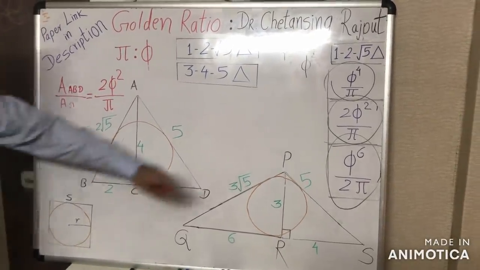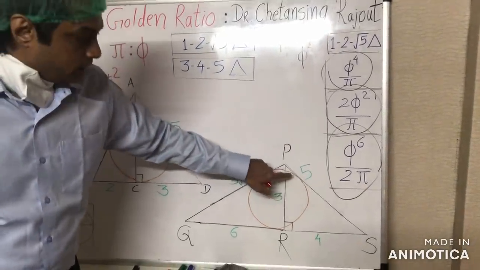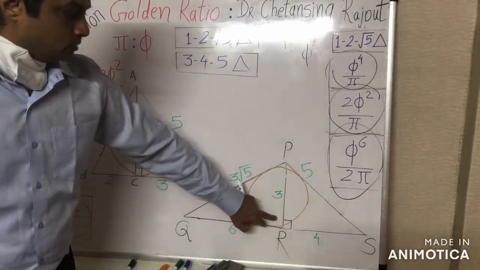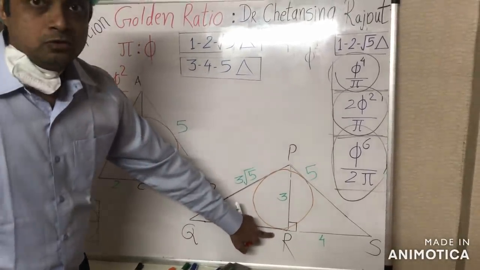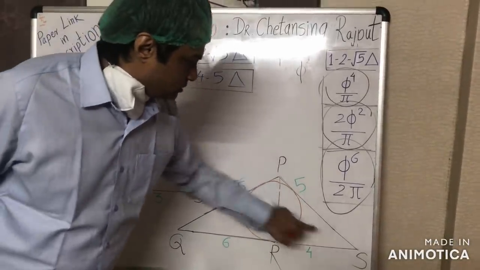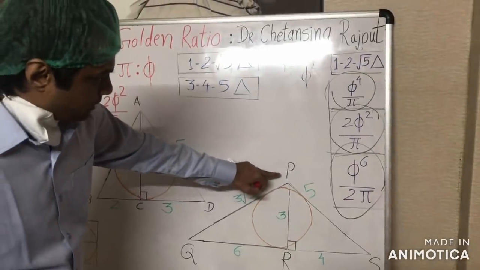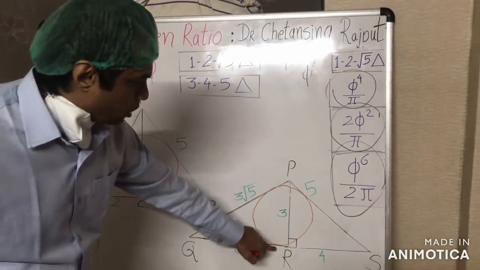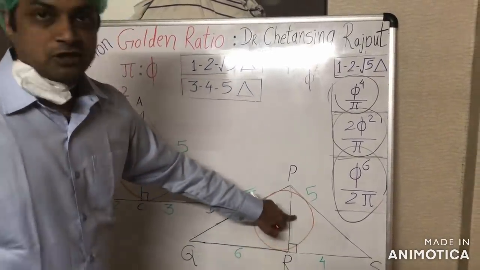Okay, and here we connect the two triangles along their smaller catheti. This triangle PQR is the 1 to root 5 triangle, and the triangle PRS is the 3, 4, 5 Pythagorean triple, and these triangles are connected along their smaller catheti PR, and we incorporate the incircle.